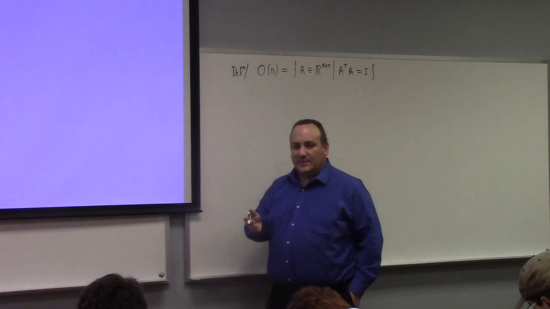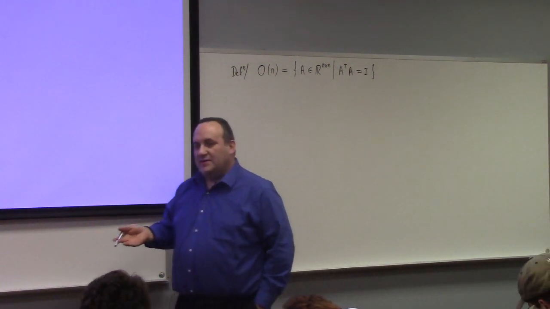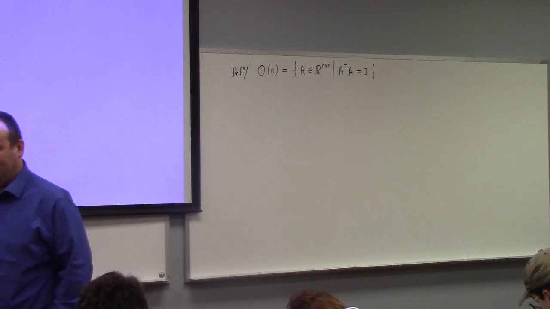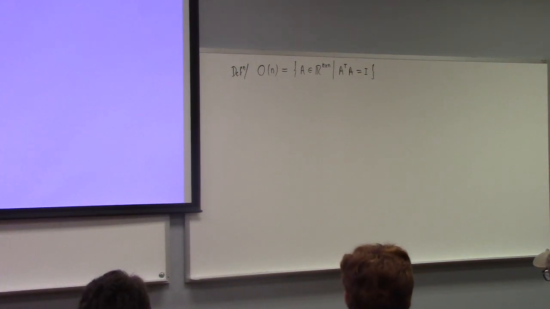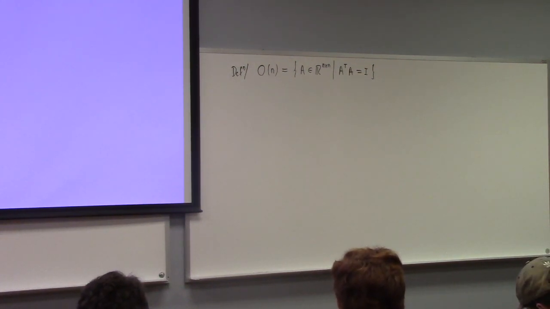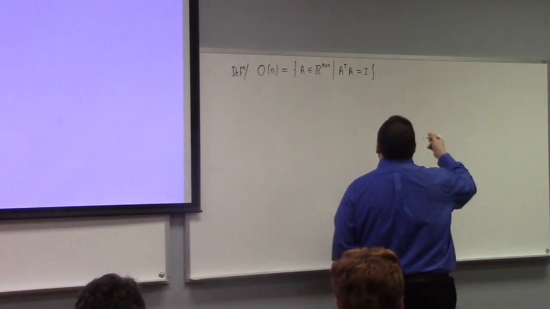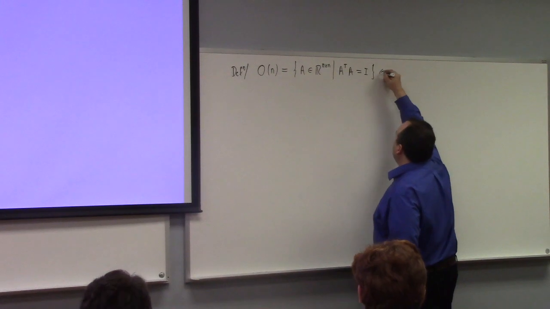Now, I don't expect you to memorize these. If I inadvertently put this on a test and I forgot to define it, you could ask me and I'll tell you what it is, okay? So I would typically include this. So these, we've had some homework problems about these. This is the set of orthogonal matrices.